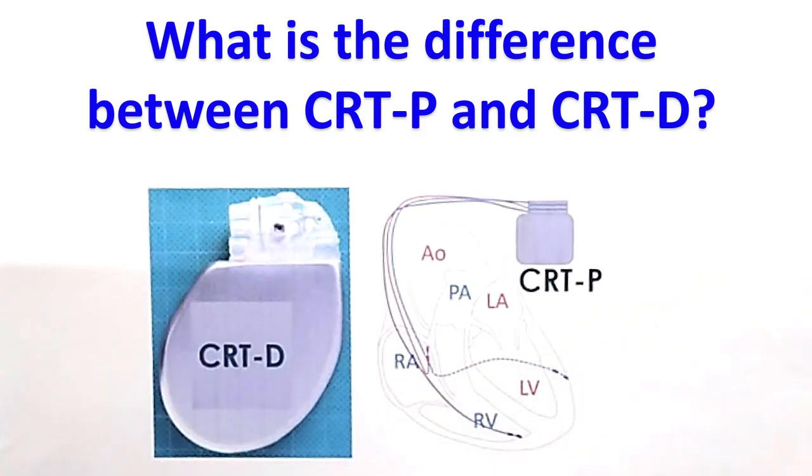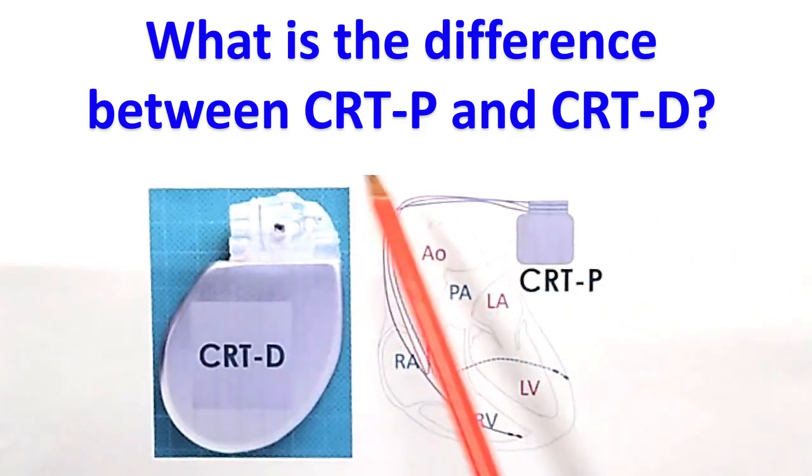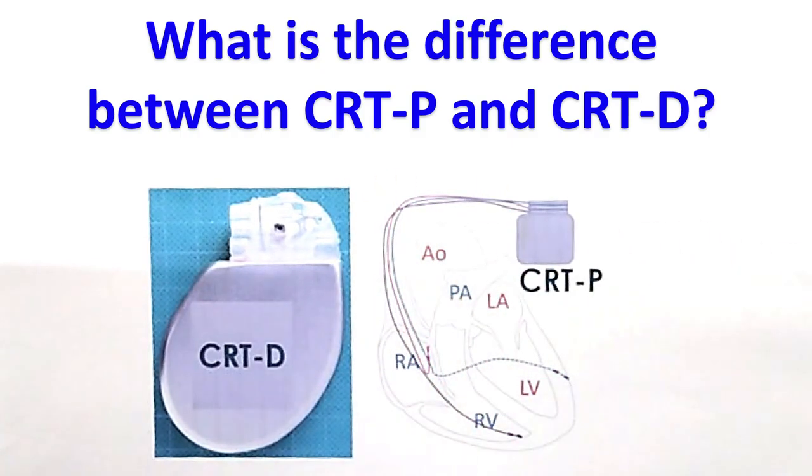In cardiology, CRT stands for cardiac resynchronization therapy. That's a type of pacemaker with three leads, one in the right atrial appendage, one in the right ventricular apex, and another in the left ventricular epicardial region.